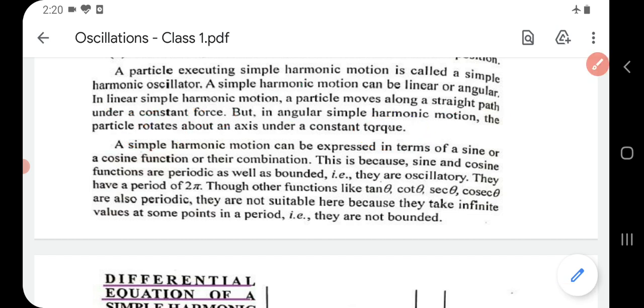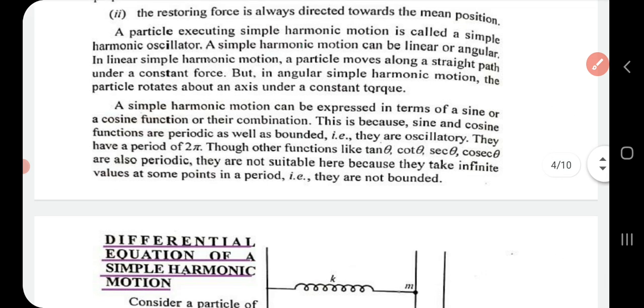Now, in order to express simple harmonic motion, we usually use sine and cosine functions. Why? Because the sine and cosine functions are periodic, and at the same time they are bounded. That means they exhibit oscillatory conditions and they have a period of 2 pi. So in most simple harmonic expressions we use either a sine term or a cosine term.